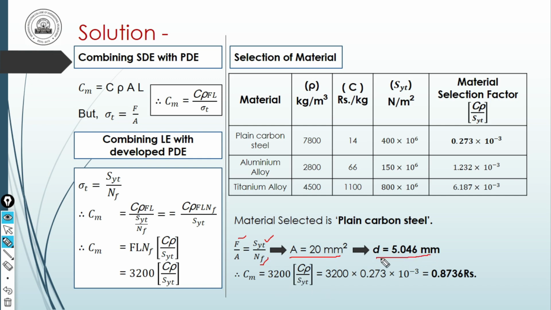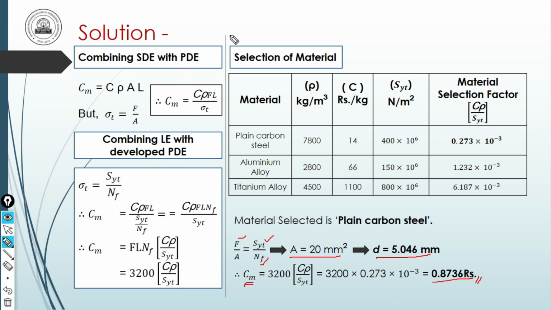Then once we find out the diameter, we'll now calculate Cm, that is cost of material. So substitute C into rho upon SYT for this steel, we are getting Cm, that is cost of material, as 0.8736 rupees. Okay, so this is how we have to calculate the PDE.